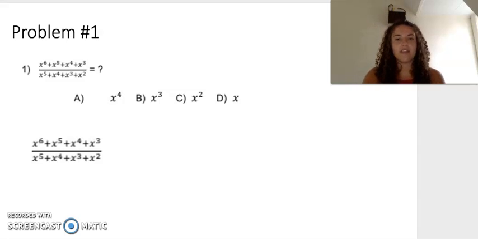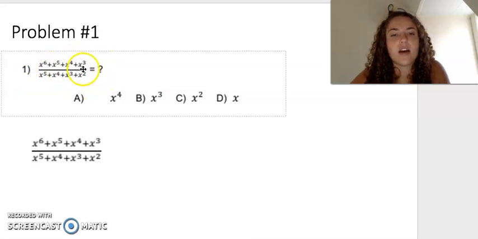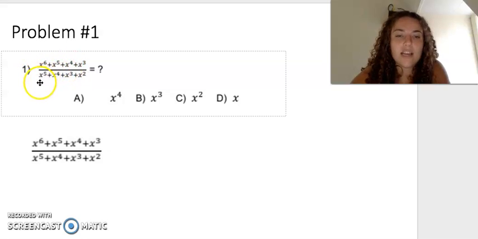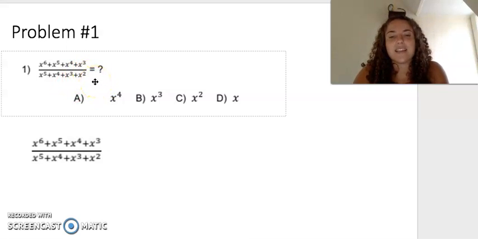The first one is this problem on the top, which is asking for what the answer is. On the top, you have x to the 6th plus x to the 5th plus x to the 4th plus x to the 3rd, over x to the 5th plus x to the 4th plus x to the 3rd plus x squared.